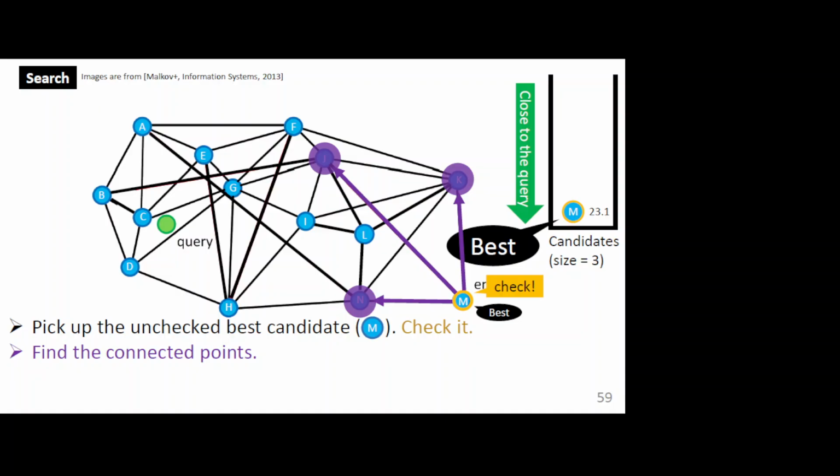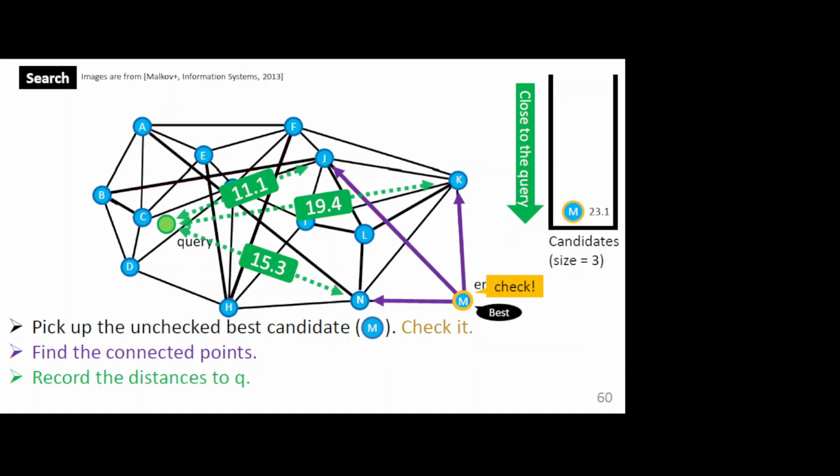There are 3 neighbors associated with node N. Then we compute the distance between the query and its neighbors. J, K, N are the neighbors you can explore from node N, and we compute the distance from J, K, N to the query, and here are the distances.